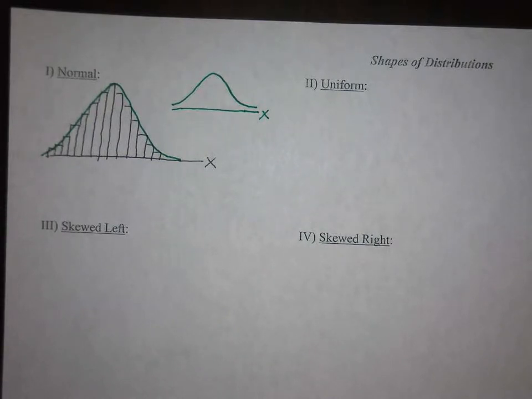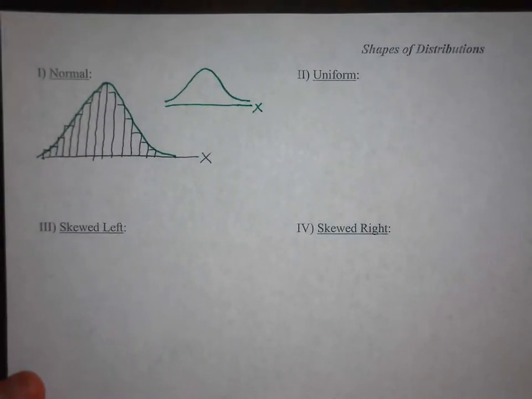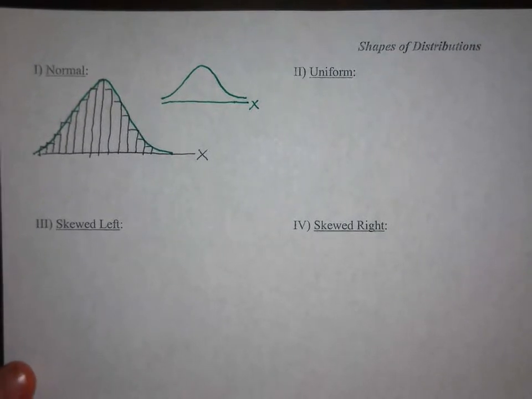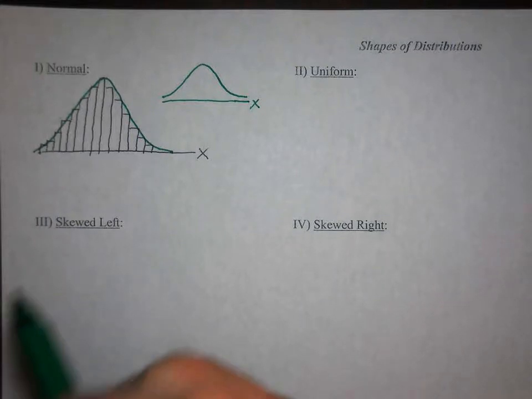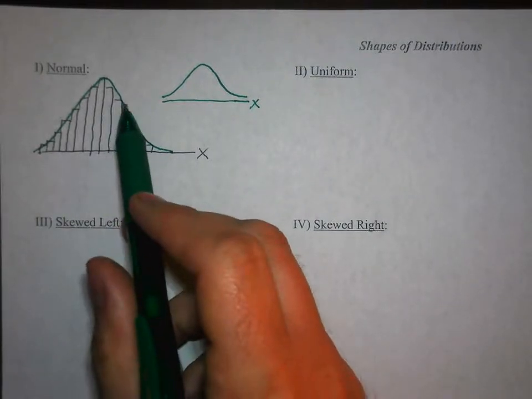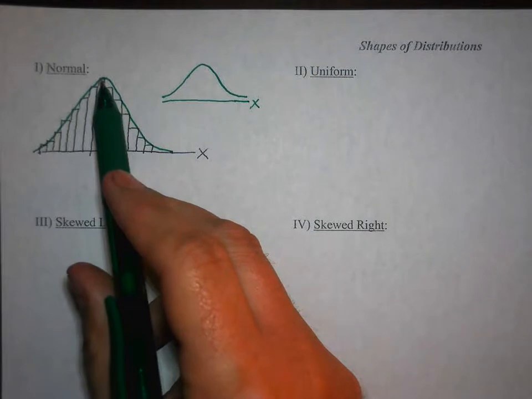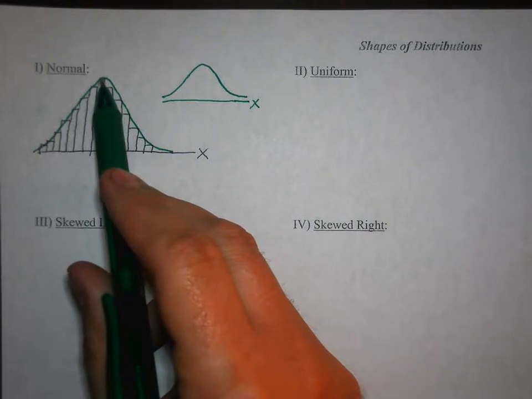Now, one of the things we'll examine is where you would expect to find the typical data value: the measures of central tendency, meaning the mean, the median, and the mode. As far as the mode goes, that's the data value that occurs most often. The height of the bar tells you the frequency, so the higher the bar, the more times that x value occurred.